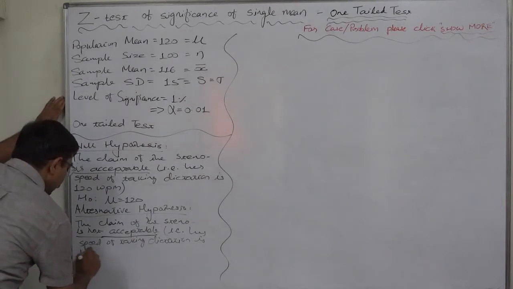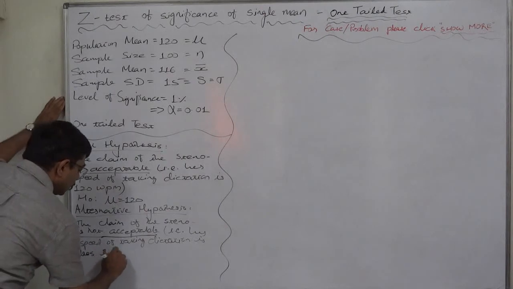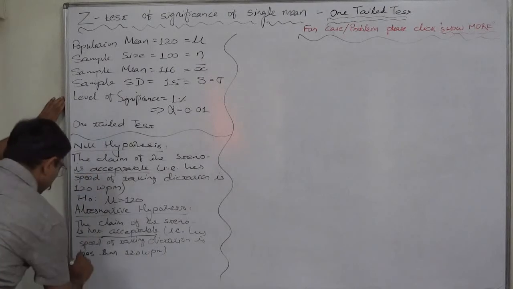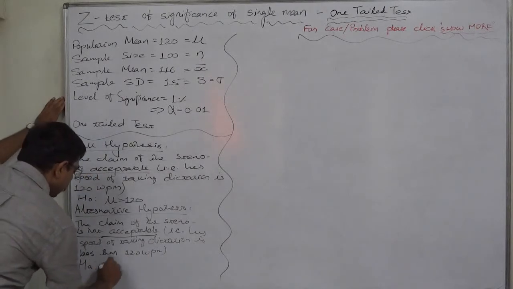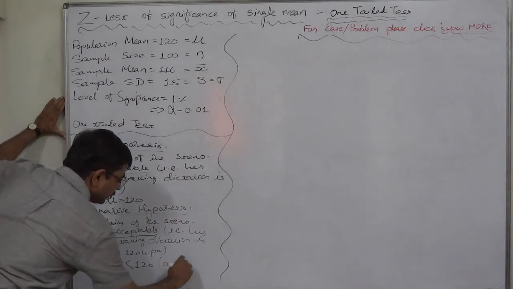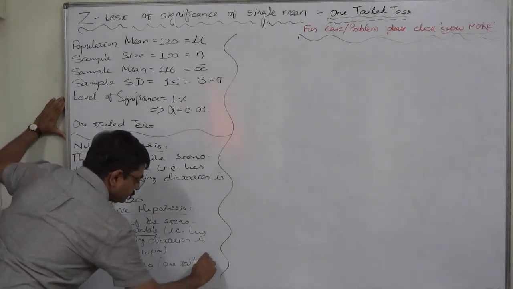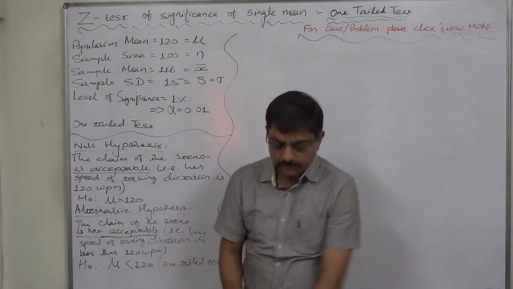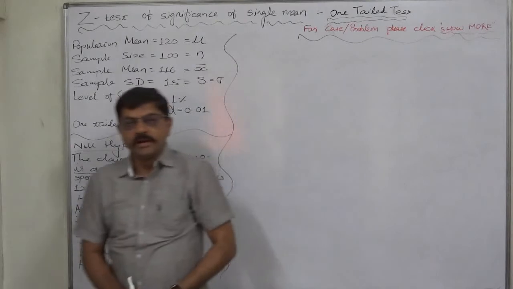It is less than 120 words per minute. So HA or H1 will be mu is less than 120. Yes, one-tailed test. Okay, so this is a one-tailed test.